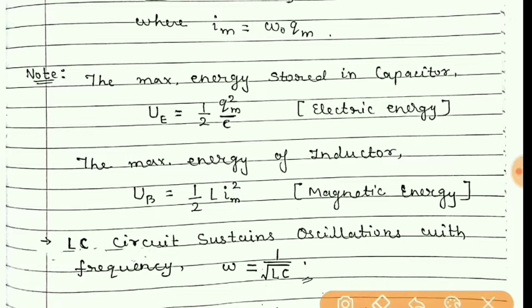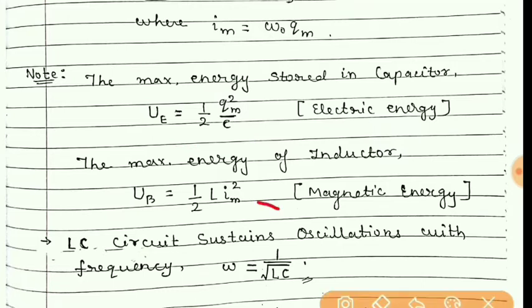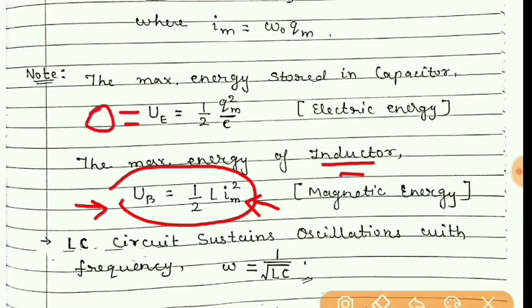So it is clear, when the charge is maximum, the potential energy associated with the capacitor will be maximum, and at that time the energy associated with the inductor will be 0 in the LC circuit. And when the current in the circuit is maximum, at that time the magnetic energy associated with the inductor will be maximum, but at that time the energy associated with the capacitor will be 0.